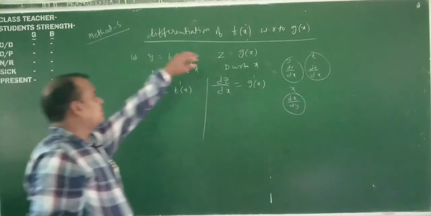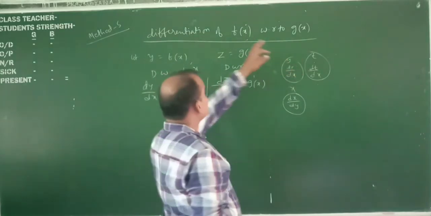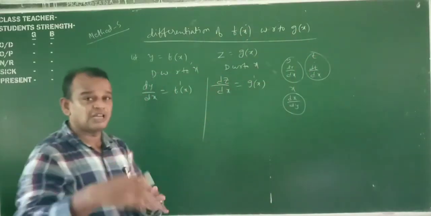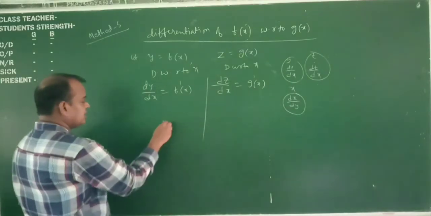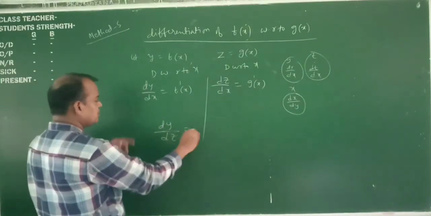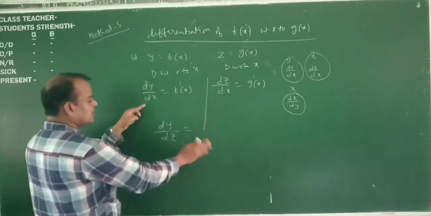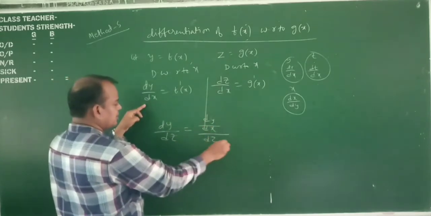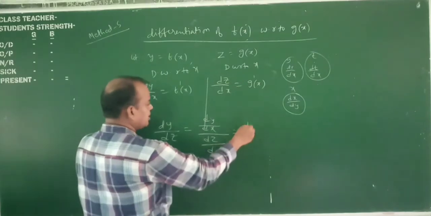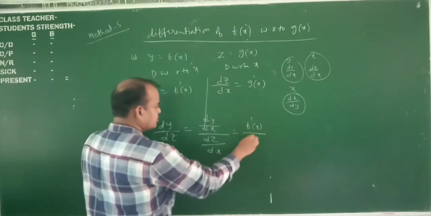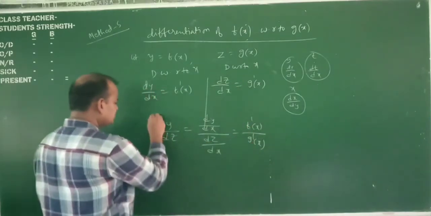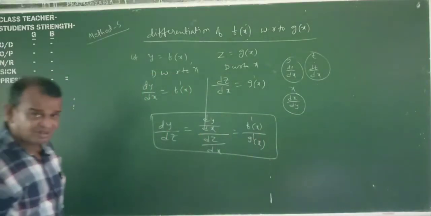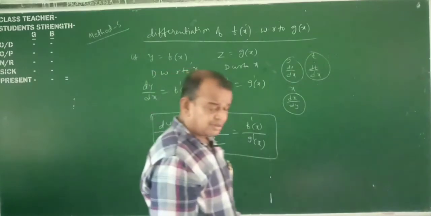The derivative of the function f of x with respect to g of x means the derivative of y with respect to z, that is dy by dz. How is it found? This one by this one: dy by dx divided by dz by dx, that is equal to f dash of x by g dash of x. This is the general working rule.